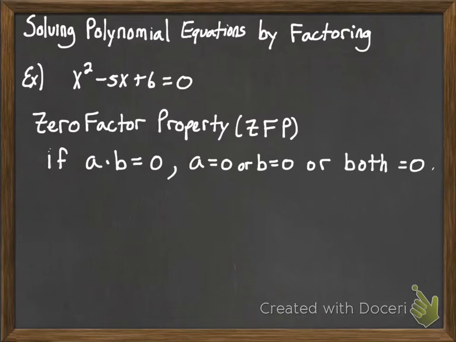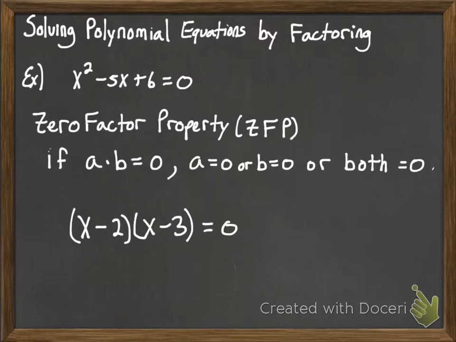Now the way we use this is by taking a polynomial like x squared minus 5x plus 6, and we factor it. That one in particular factors as x minus 2 times x minus 3. And then we can make use of the zero factor property because those two things are multiplied. We don't know what x is. We're trying to find the values that would make the equation true.